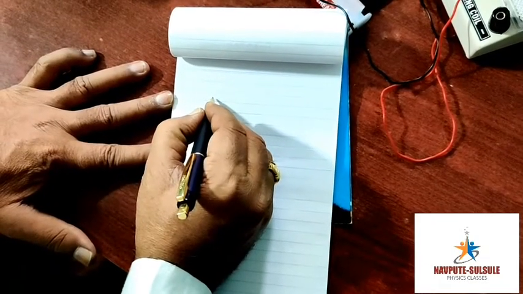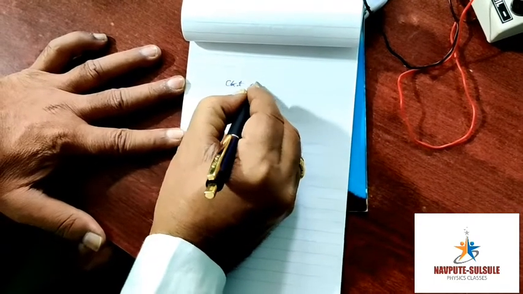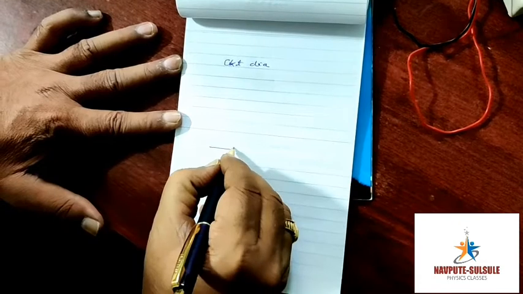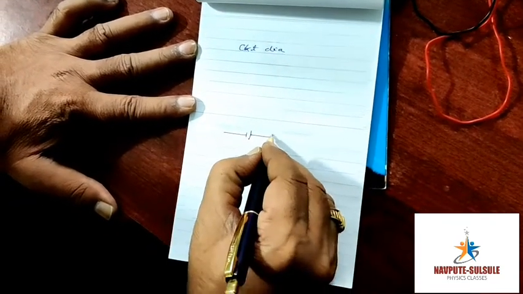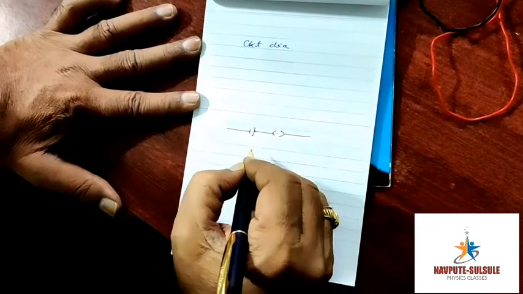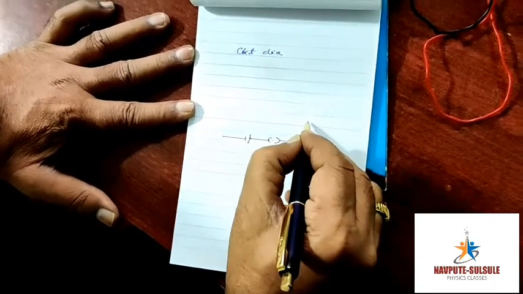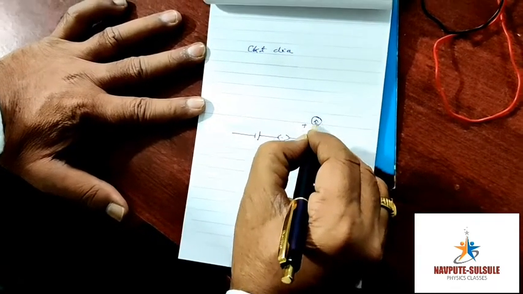Now we will draw the circuit diagram for this experiment. Let this be the cell, negative terminal, positive terminal. Now the key. Now this positive terminal should be connected to the positive terminal of the milliammeter.